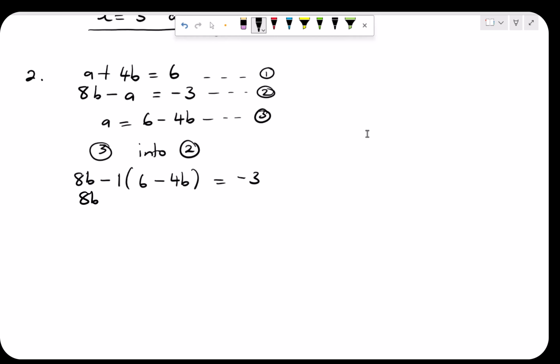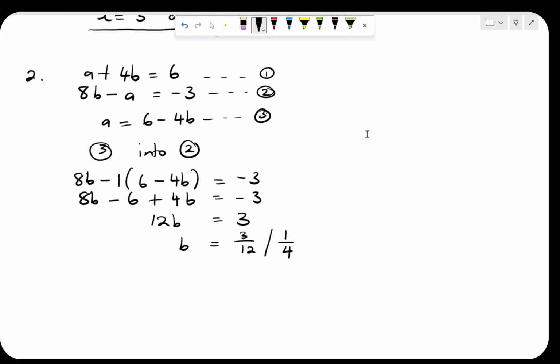We get 8b minus 6 plus 4b is equal to negative 3. 8b plus 4b, that's 12b. 12b is equal to 6 minus 3, that is 3. You divide both sides by 12 and we get b is equal to 3 over 12 or 1 over 4.